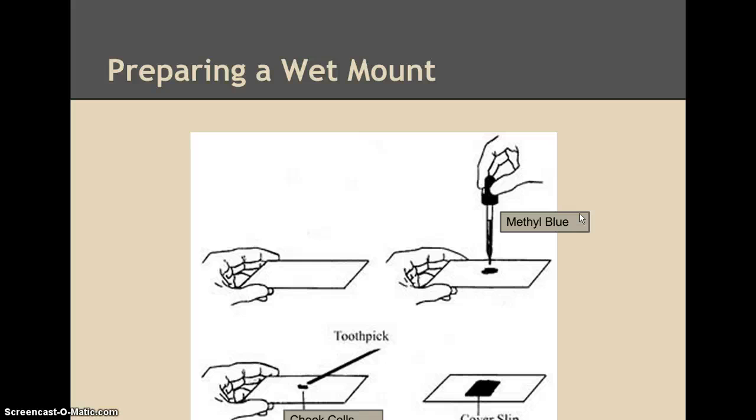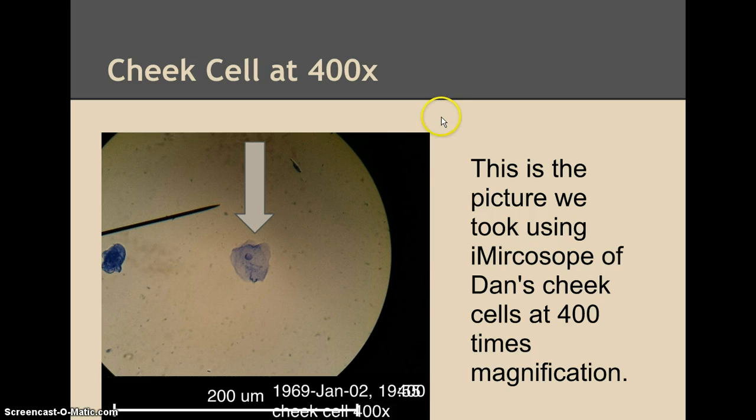And then we transferred those onto the methyl blue and carefully placed a cover slip over that so we could view the cells. So this is what it looked like at 400 times magnification. Later in the conclusion we'll discuss why it looked like this.